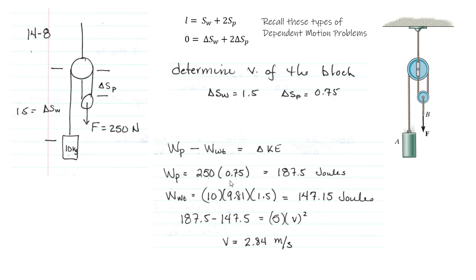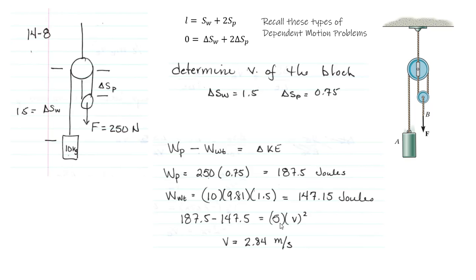We know what the weight is and how much the weight of our system moved. It's 1.5 meters, 9.81 meters per second squared, and the mass of 10 kilograms. And we find that that is the joules associated with the change in our potential energy. So I'm going to have my 187.5 minus my 147.5.